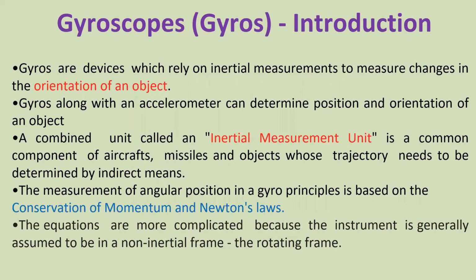So having understood that, we will see what gyroscopes are, right? A gyroscope is a transducer, or in modern days a sensor. Why?